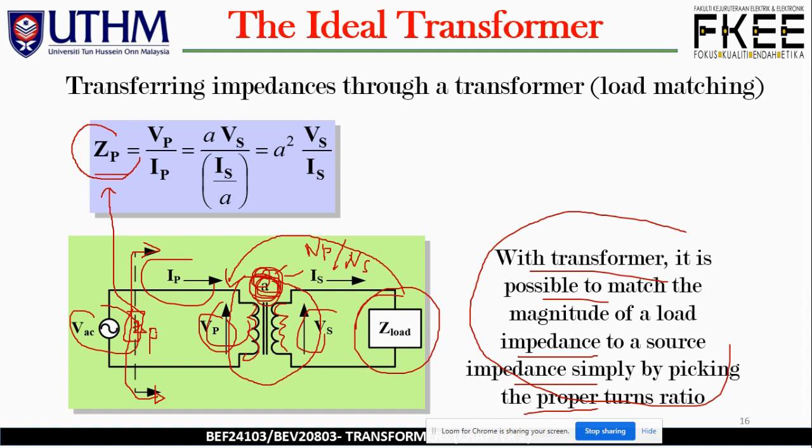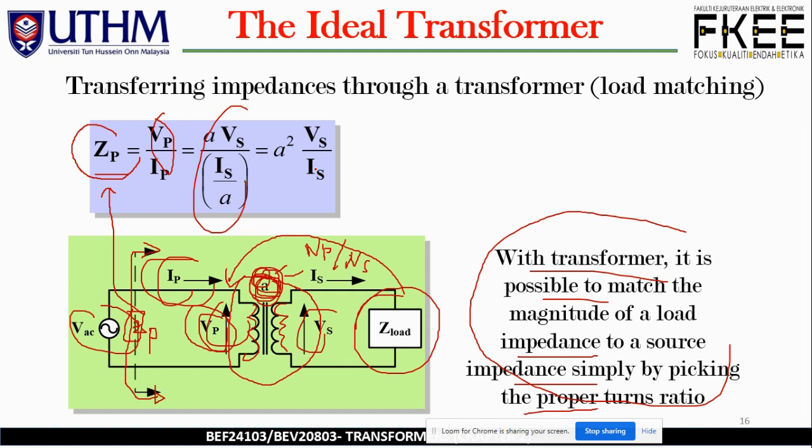So we have Zp equal to Vp over Ip, and this is actually equal to AVs over Is over A. You rearrange and you get A squared Vs over Is.